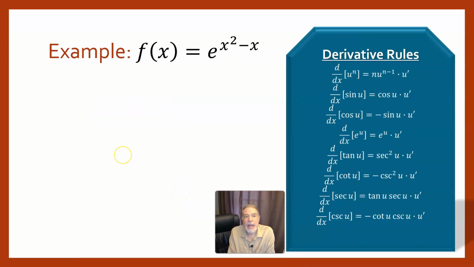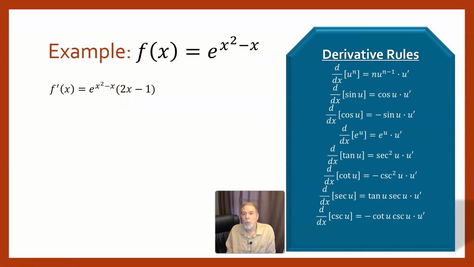Okay, what about this one? F of x equals e to the x squared minus x. Now, if it were just e to the x, the derivative would be e to the x. Since it's e to the something a little more complicated, the derivative is e to that something times the derivative of the something.